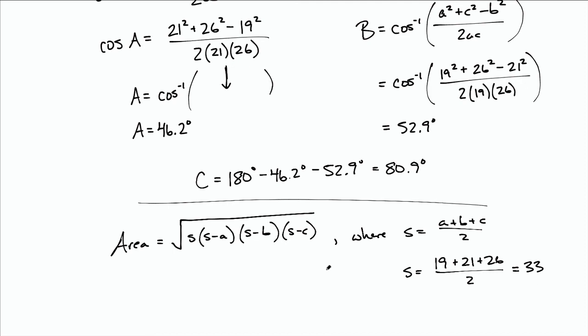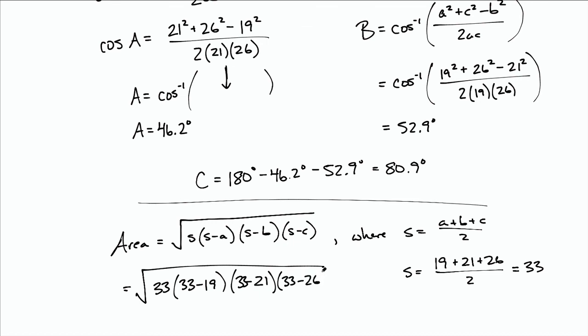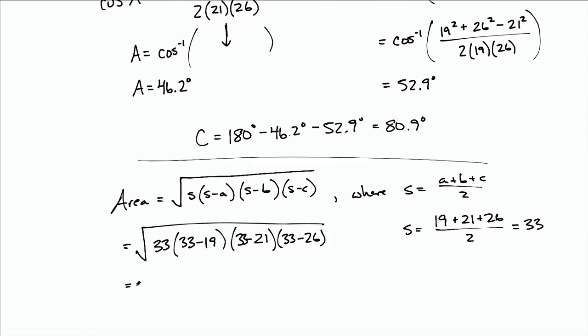Now we can plug that in for s, and of course a, b, and c are again those three side lengths. So for the area, we have the square root of 33 times 33 minus 19 times 33 minus 21 times 33 minus 26. So that's, I'll just do what I can by hand here, 33 times 14 times 12 times 7.